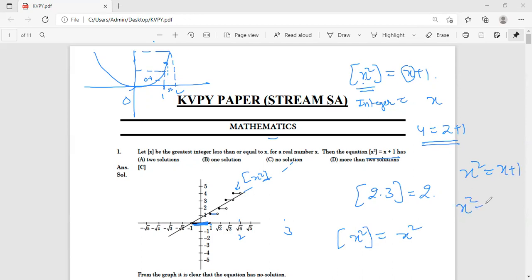Now you get x² - x - 1 = 0. There is no integral solution of this equation. So simply no solution. Very simple question. The greatest integer of x² is x² only because x is an integer, and there is no integral solution of this.